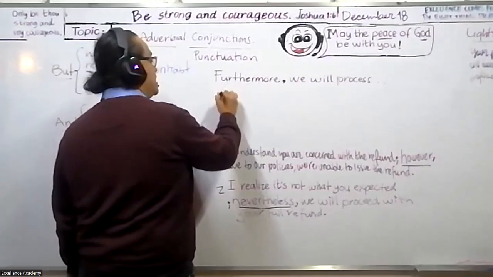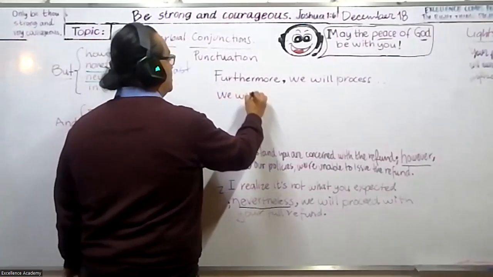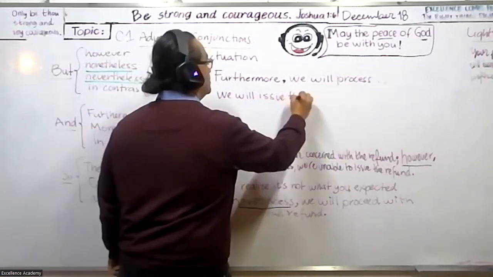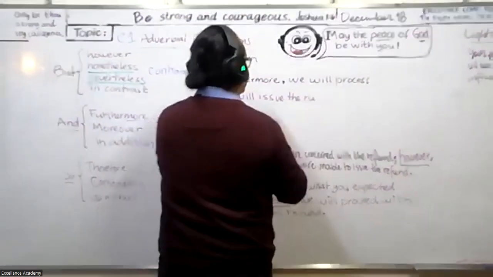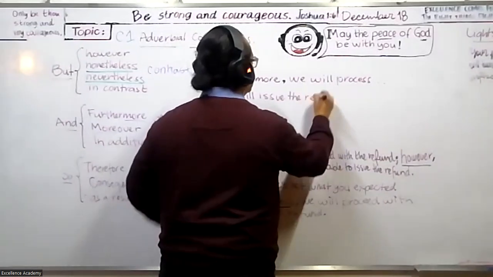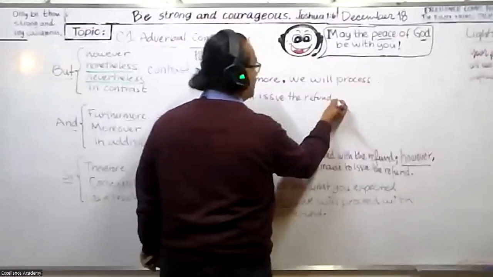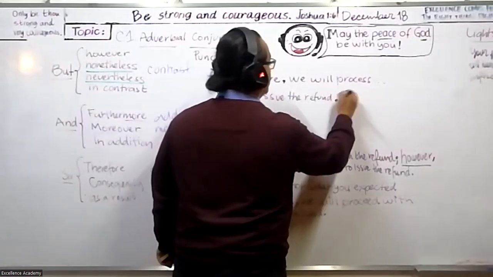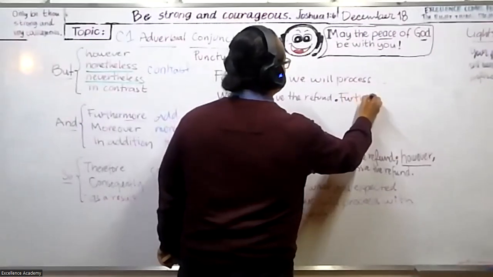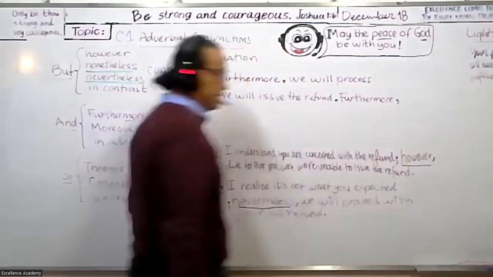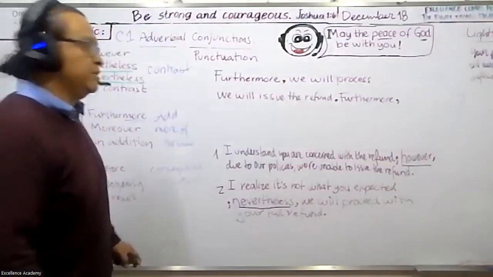So we will issue the refund. Okay, you will issue the refund. Here, we'll use the first style and make a full stop, a period. Furthermore, here I use a regular comma, so I enclose it like that, between a period and a comma.